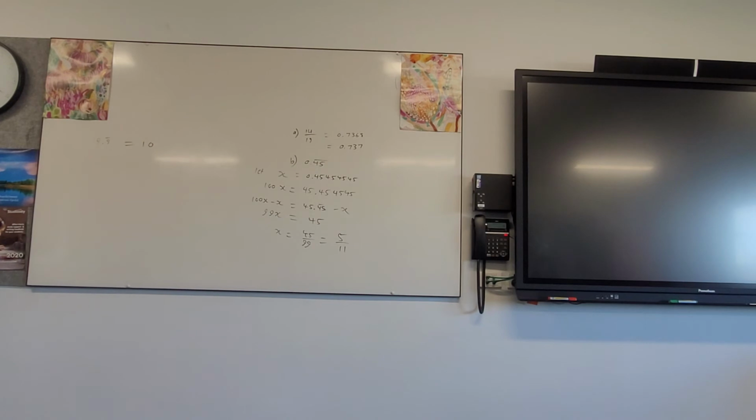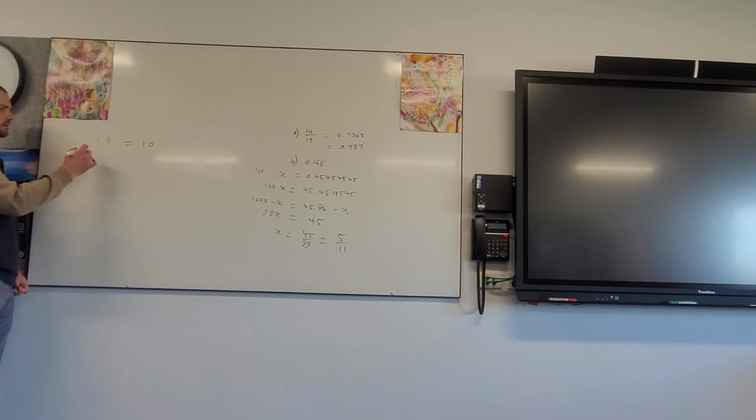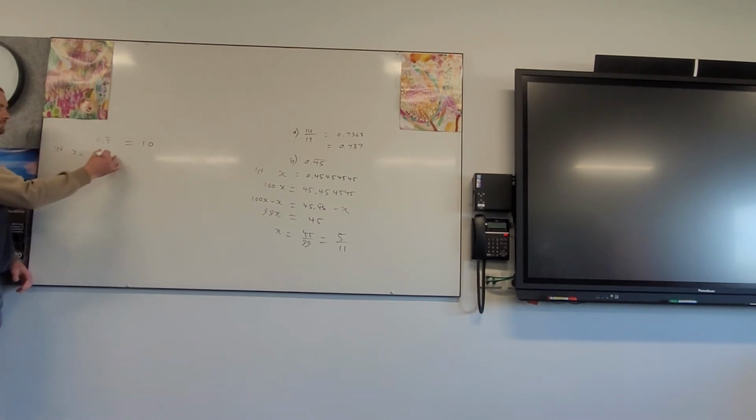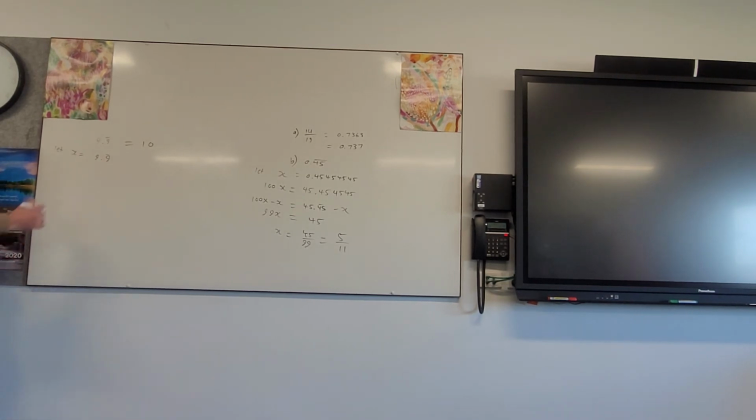So what we'll do, let's let x equal 9.9 recurring. Okay, and then if we find 10x, we've got 10x is going to be 99.9 recurring.